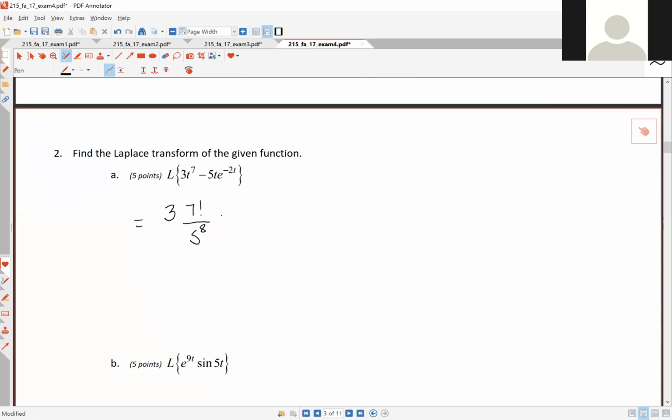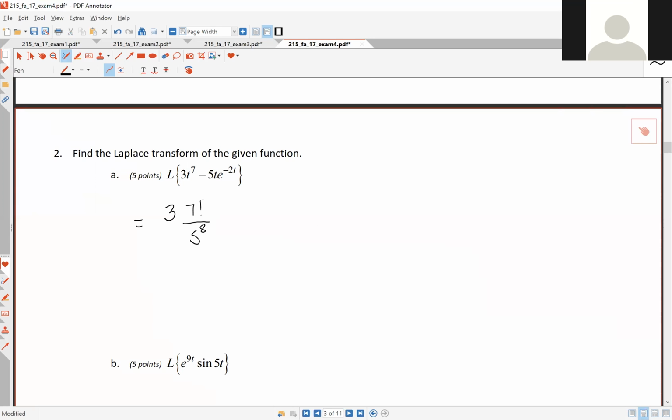When you take the Laplace transform of e to the negative 2t times t, bring out the minus 5.